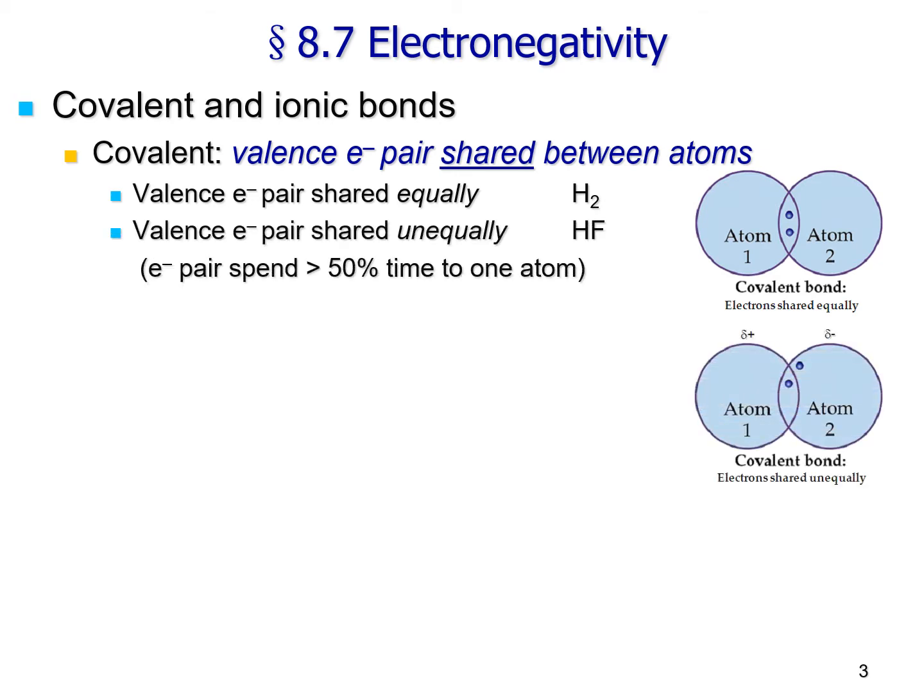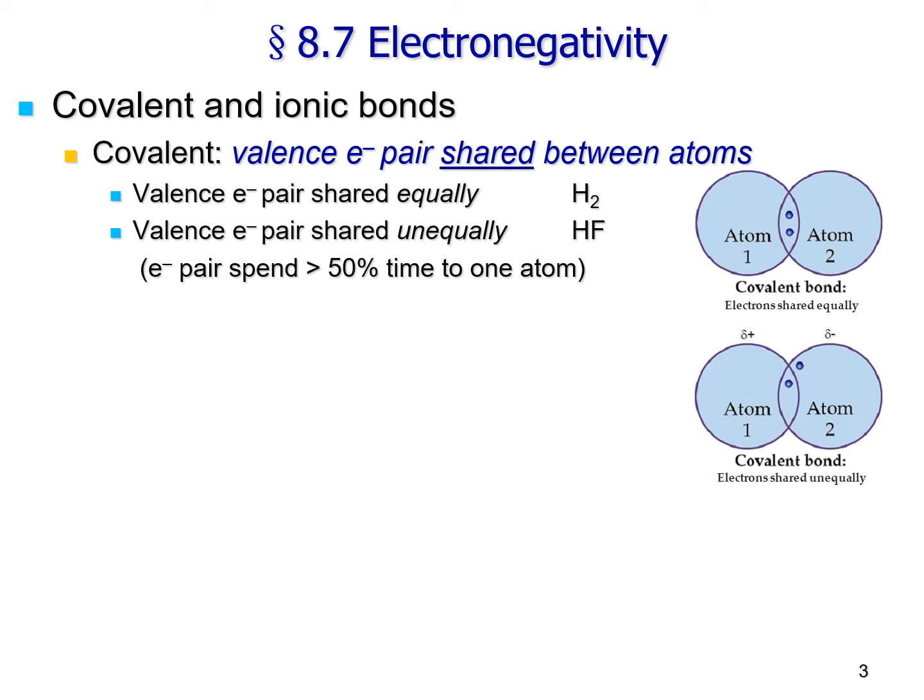Or another scenario: say one of the hydrogen atoms has been replaced by fluorine. From the last chapter, we understand fluorine, or any other element in group 7, is highly reactive because they want just one more electron so that they can have an octet. Between hydrogen and fluorine, fluorine shows much more attraction to that bonding pair.